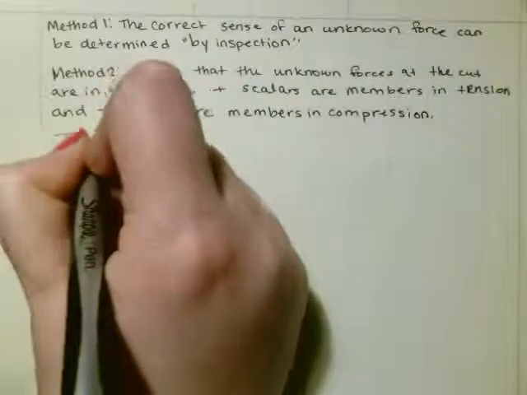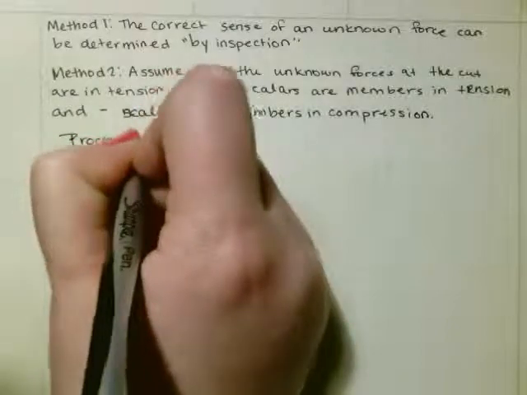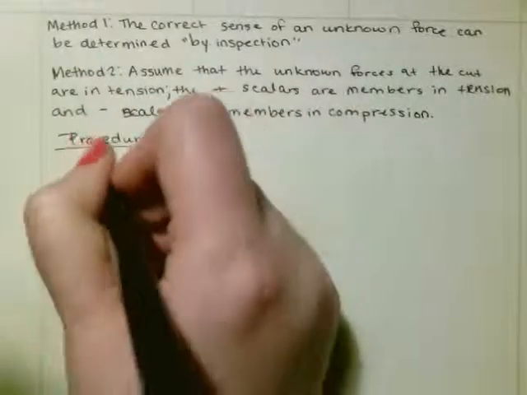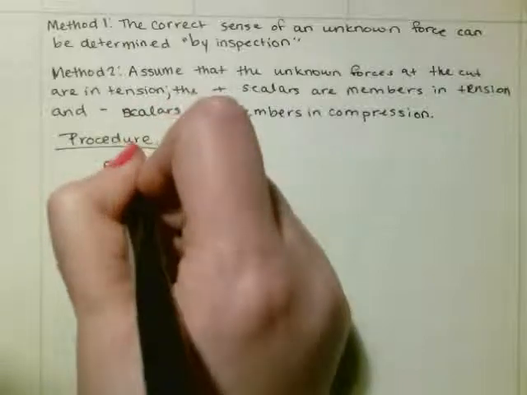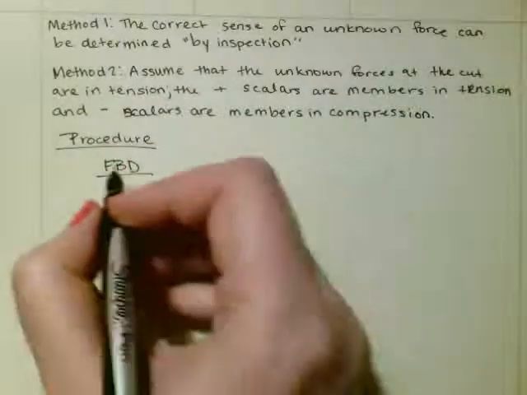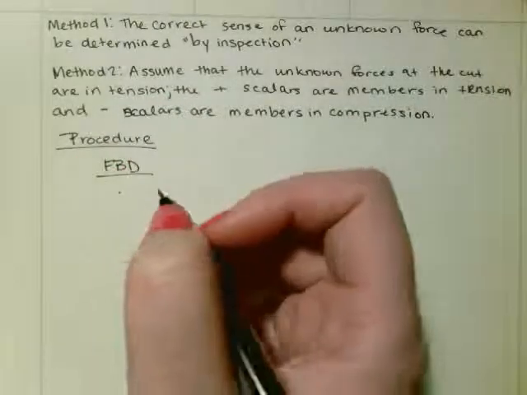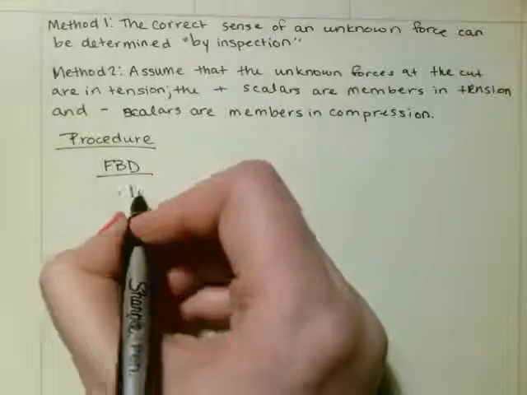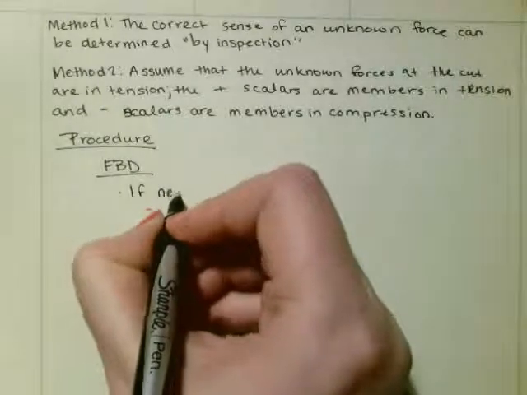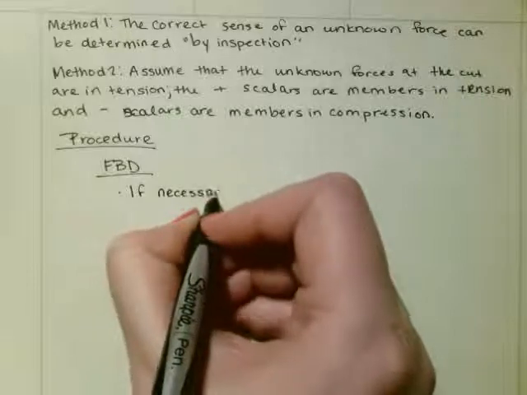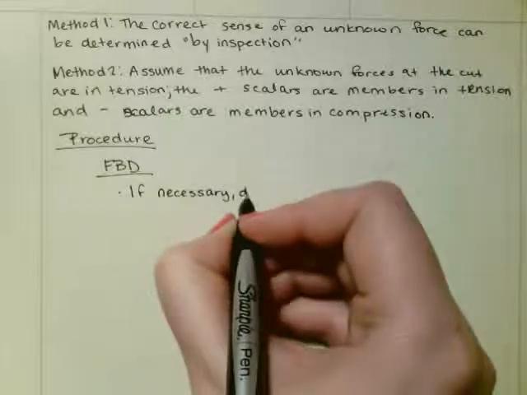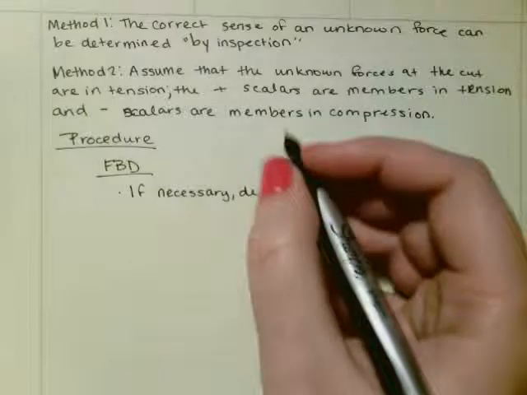So let's go over the procedure for the method of sections. First you'd have your FBD, your free body diagram, and if necessary you want to draw the entire free body diagram and determine the truss's support reactions prior to cutting.